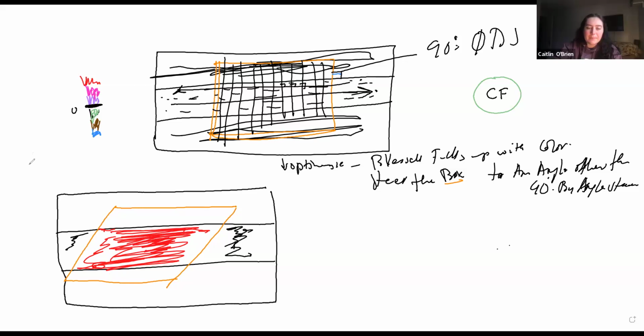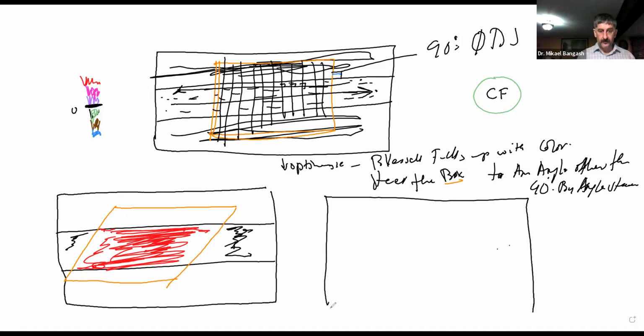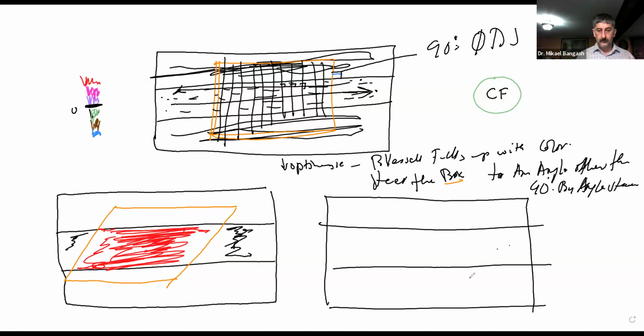Good. Whereas you can see, we could even turn it to the other angle. So what will you see now?